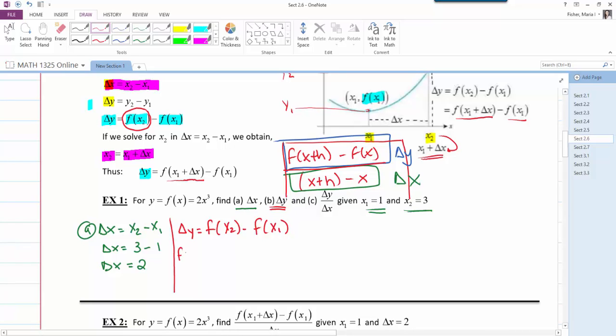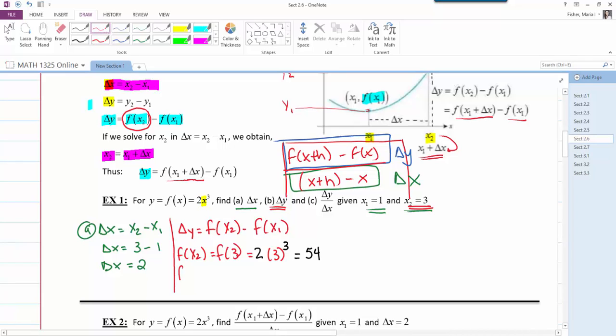So f of x sub 2, which is the same as f of 3, well, that just means plug in a 3 everywhere there's an x in your function. So it would be 2 times 3 cubed. And 2 times 3 cubed, 2 times 27, is 54.